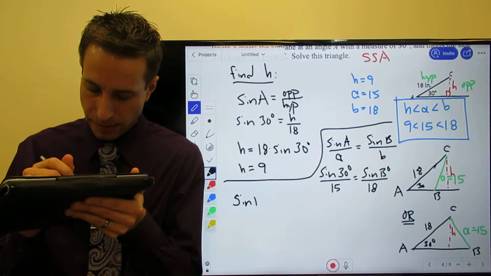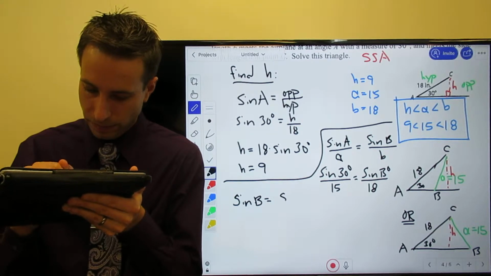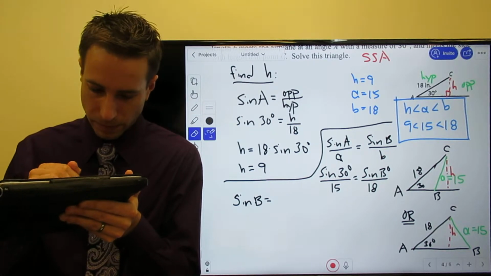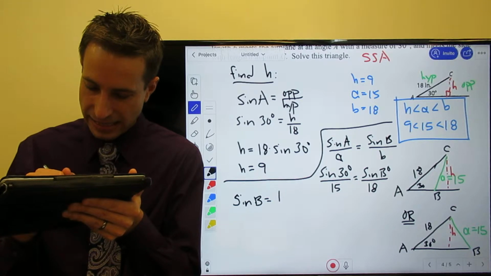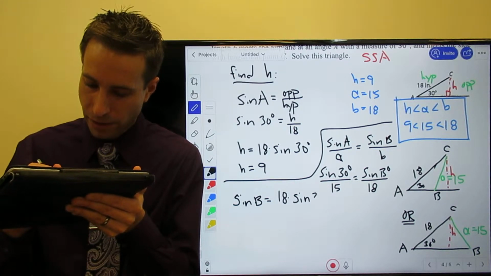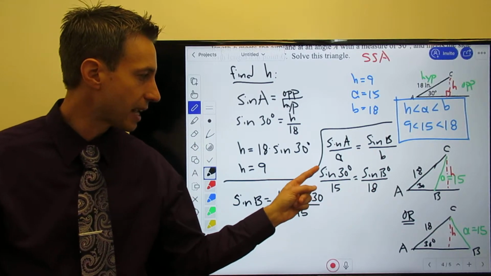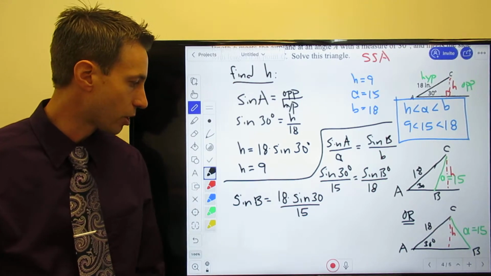Sine of B is equal to, remember I'm multiplying the 18 to the other side, so 18 times the sine of 30 divided by 15, right? I'm just multiplying the 18 to the other side, it goes straight into the numerator.